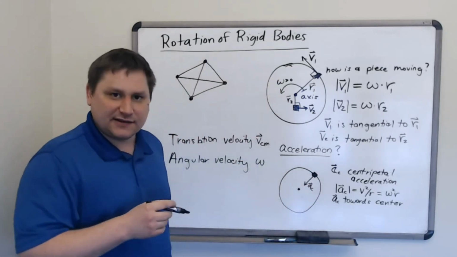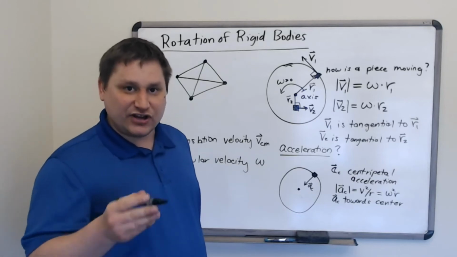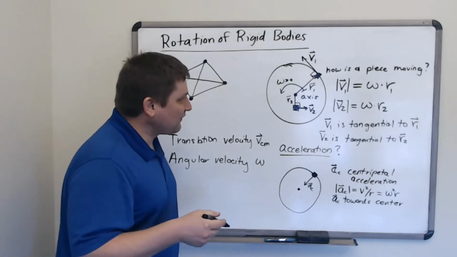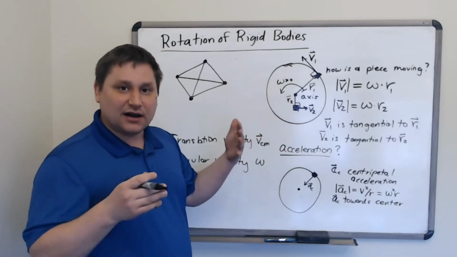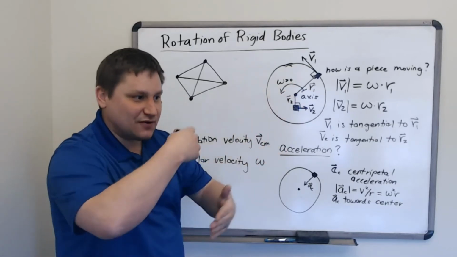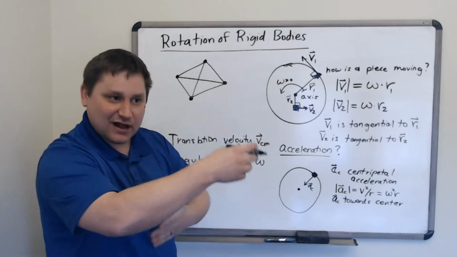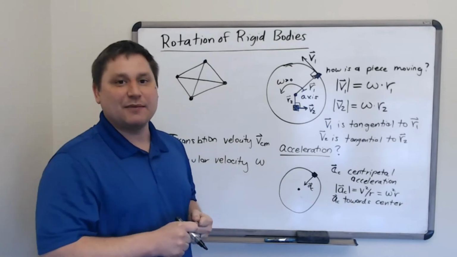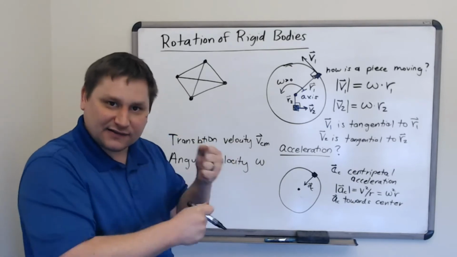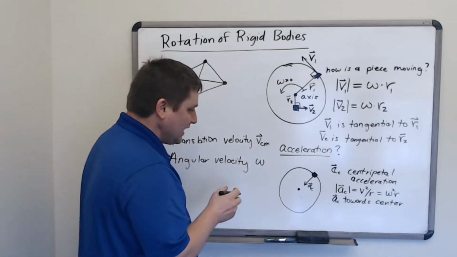But now when we consider rotational motion in general, we want to allow for the possibility that the rotation rate might change. Not just uniformly spinning constantly forever, but taking a wheel and speeding it up over time, or putting on the brakes and slowing down that wheel over time.